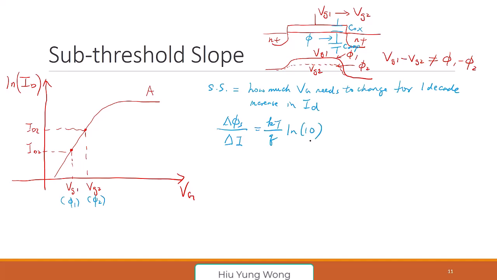If you change the surface potential by that amount, then I'm going to be able to change the current by 10 times. This is the equation. But however, between the Vg and also the phi s, they have some relationship.